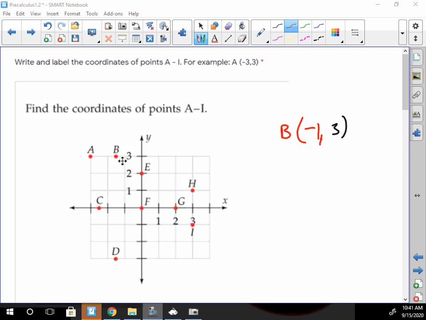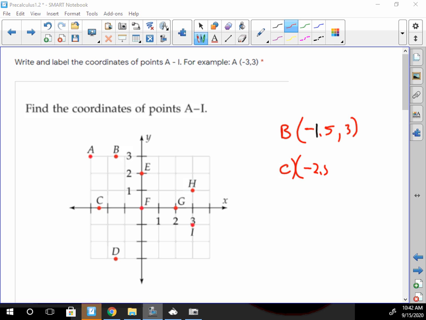Now we need to find point B. Point B went over to negative 1.5 and up to 3. So this was negative 1.5 and 3. Point C went over to negative 2.5 and up 0.